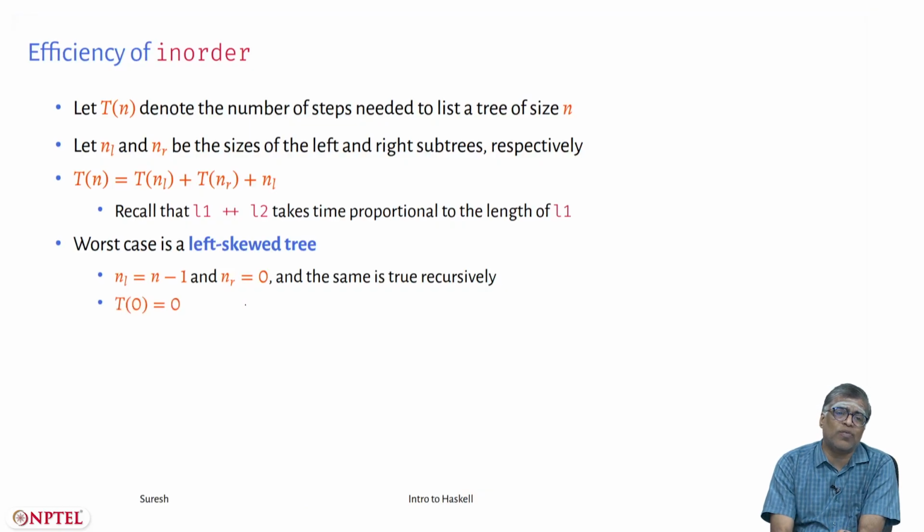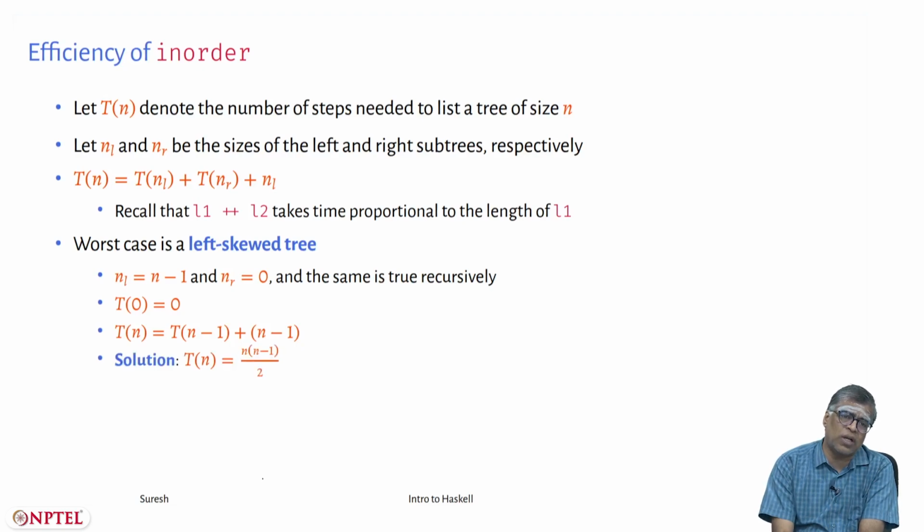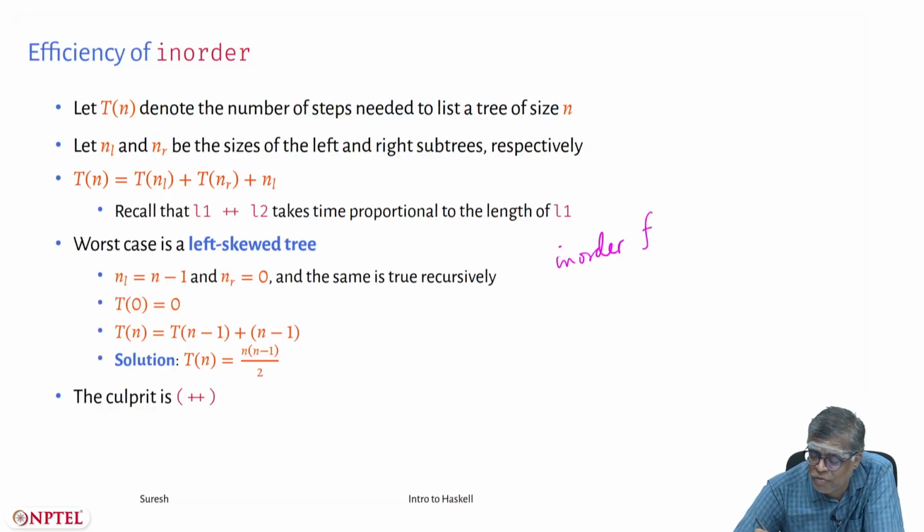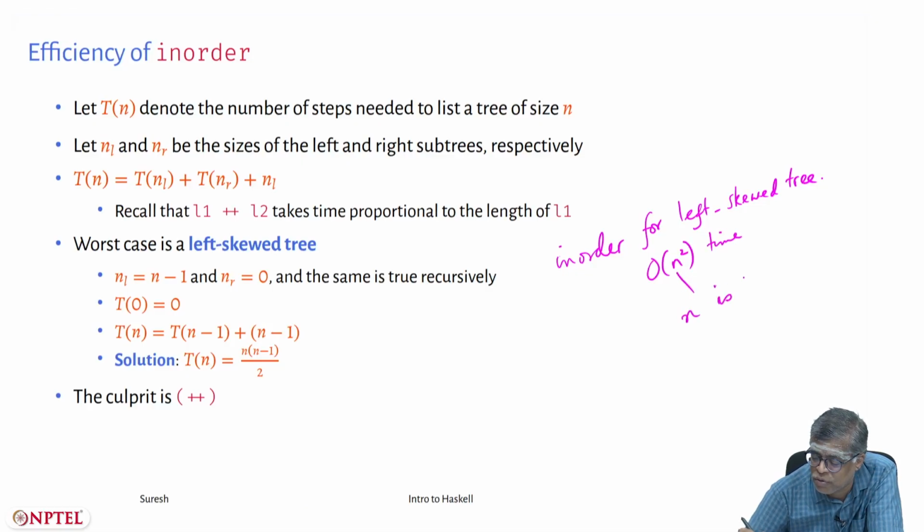So your T of 0 is 0 and T of n is T of n minus 1 plus n minus 1, and if you unroll this recurrence, you will have n into n minus 1 by 2. So in order for a left skewed tree takes order n square time, where n is the number of nodes.